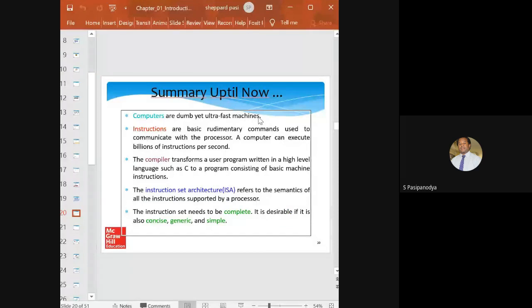So in summary, we can say up till now, we realize that computers are not as intelligent as they are perceived to be, but they are indeed fast.